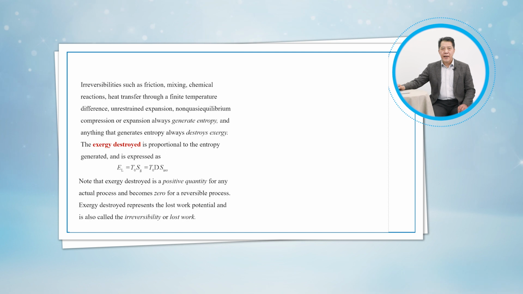Note that exergy destroyed is a positive quantity for any actual process and becomes zero for a reversible process. Exergy destroyed represents the lost work potential and is also called the irreversibility or lost work.